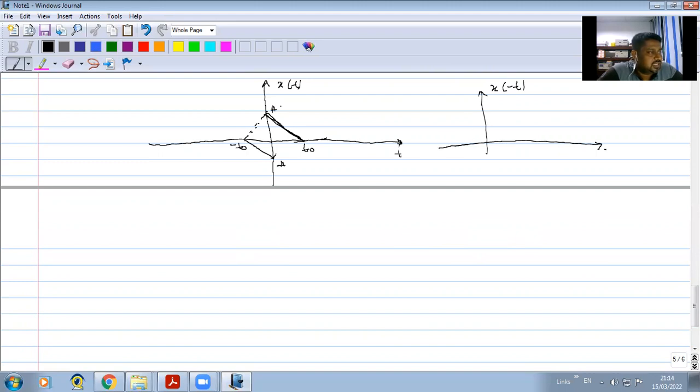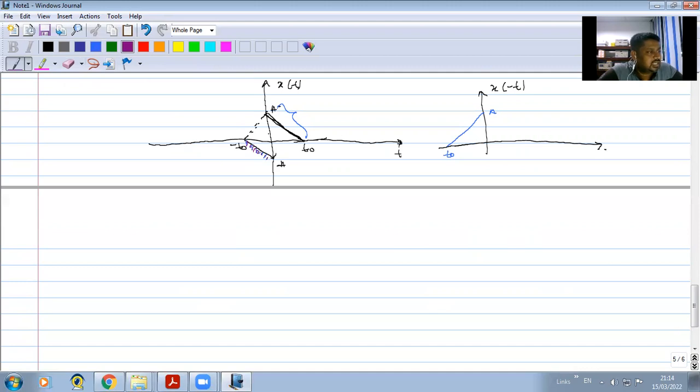For this section, the mirror image is like this. Now, what is the mirror image for this section? For this section.